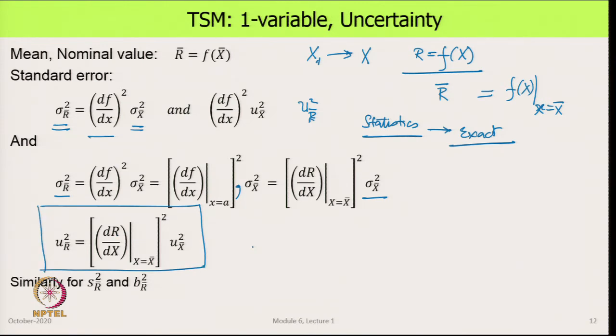We know the function r as a function of x. From that we can just differentiate and calculate dr by dx. Then substitute and get its value at x equal to a. This gives us this term inside the square bracket. The square of that multiplied by the uncertainty in the measurement, this is what is u x bar, gives the square of the standard uncertainty in the result.